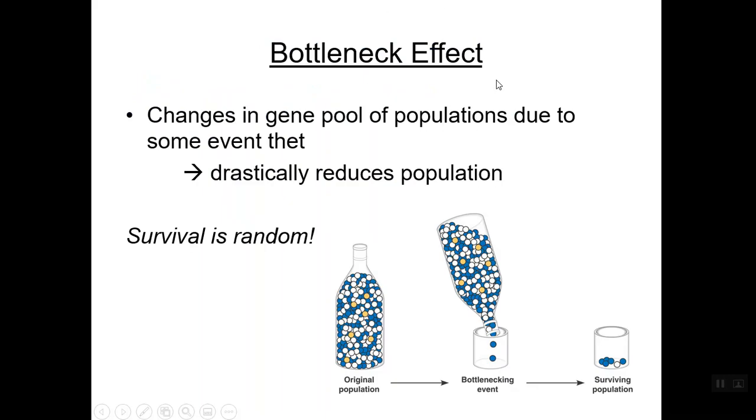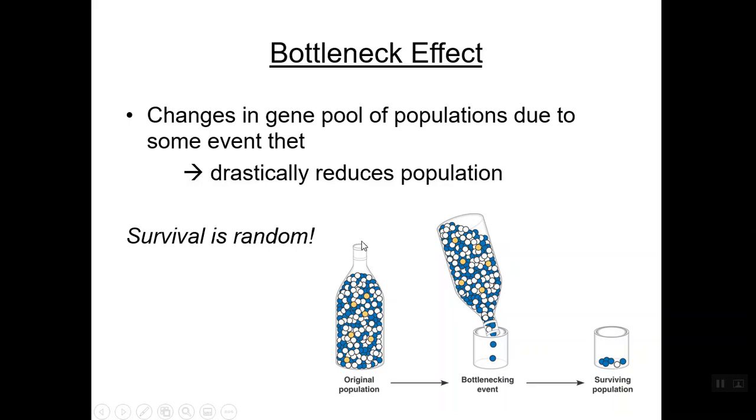Let's look at the bottleneck effect. The bottleneck effect refers to change in alleles or gene pool of populations due to some drastic event that reduces the population size. Here is just a visual representation of what I'm telling you.